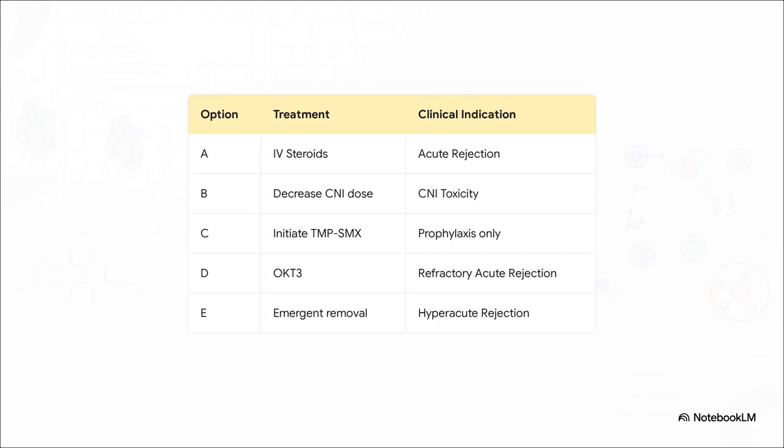In that exact scenario, option B, decreasing the calcineurin inhibitor dose, is the only correct maneuver. Option C is just a distractor. TMP-SMX is prophylactic. It doesn't treat AKI. Option D is held in reserve as an alternative for refractory cases, and option E is completely wrong here, since emergent removal is solely reserved for immediate hyperacute reactions.